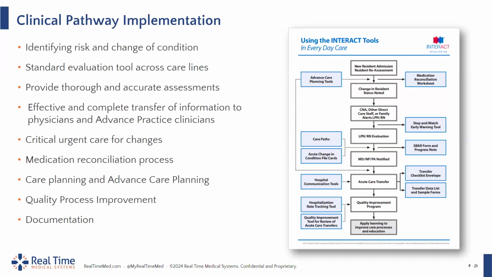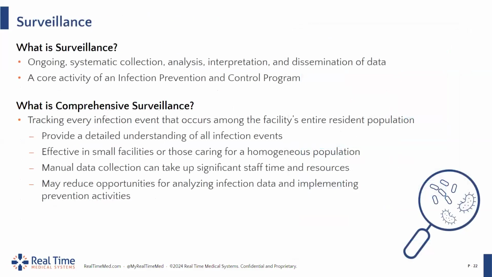And go ahead, Kim, to the next slide, and we'll dive in now a little bit into surveillance. So what is it? Everybody has their own little different version, I think, of what surveillance is, and it really can be a broad term. But I think what's significant is remembering that it's ongoing, it's systematic.